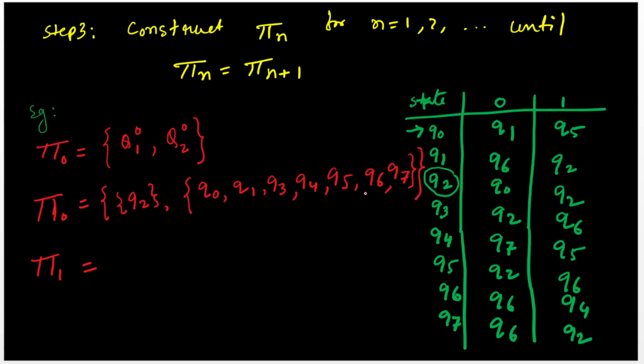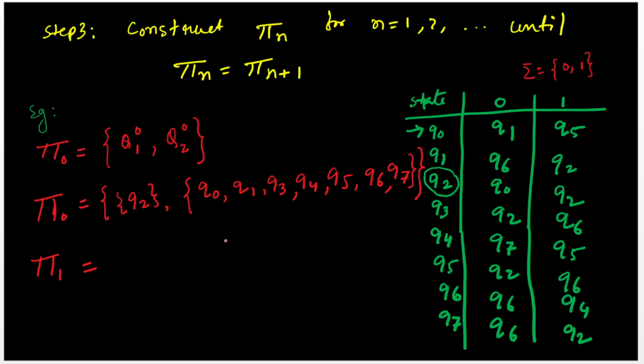So we look into the other set, q0, q1, q3, q4, q5, q6 and q7, and check whether they are k plus 1 equivalent or not. First take q0 and q1. For every symbol, 0 and 1, after transition, they either belong to the final state or the non-final states. That means they belong to the same equivalent class of pi 0.